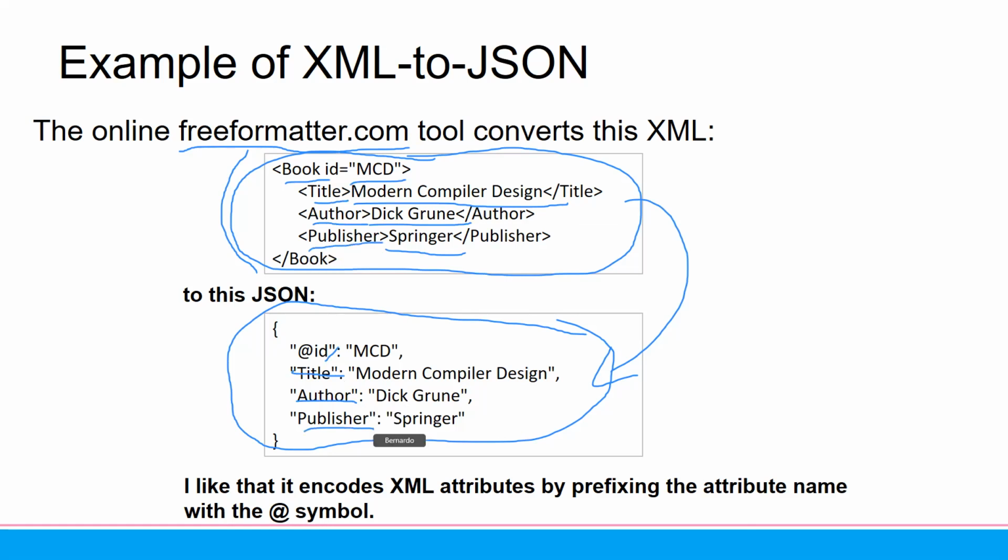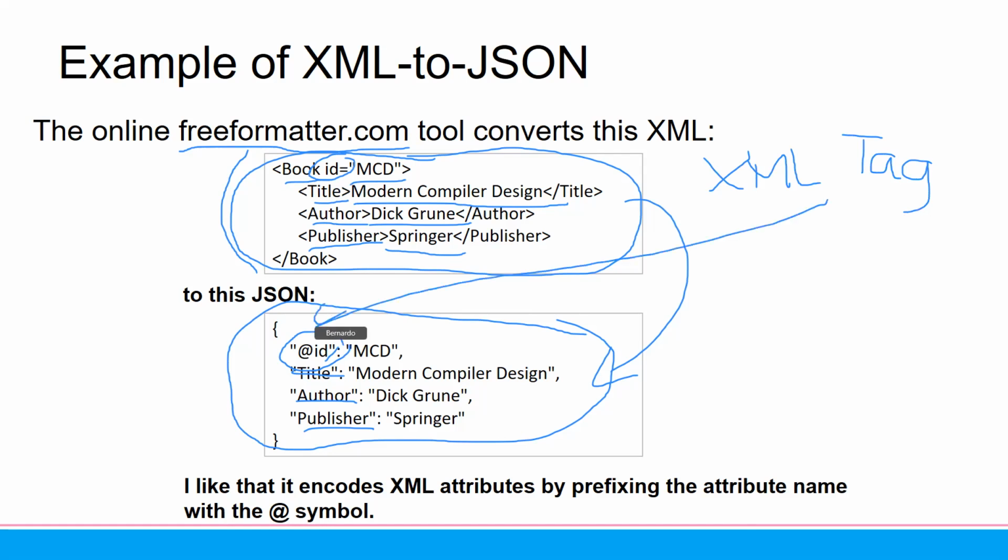So they are representing the same attributes, but the ID is an attribute in the XML tag. So the properties here should go somehow through encoding.